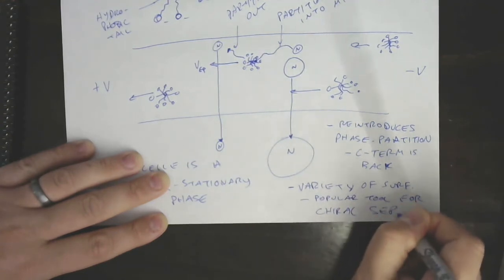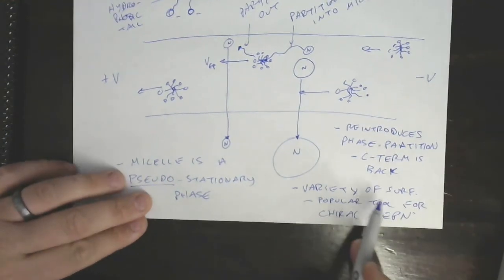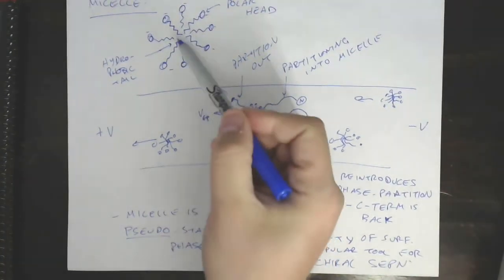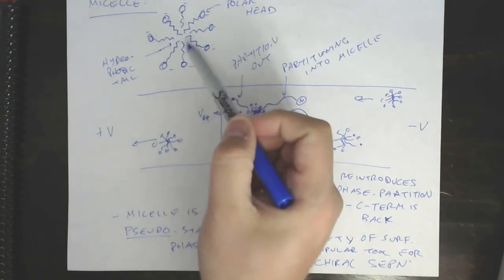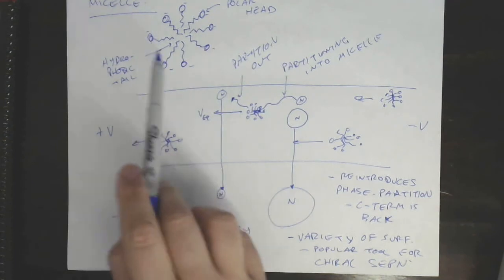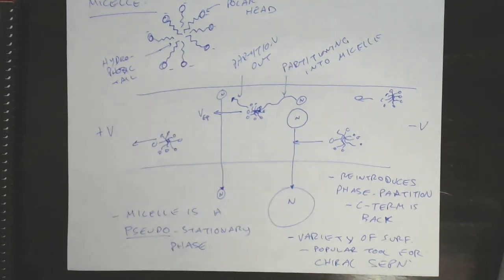And we get those chiral separations by selecting a surfactant that has some chiral property. Therefore, if you have chirality in these micelle tails, you're going to get a preferential interaction of one half of an enantiomeric pair over the other, based on its preferential interaction with that chirality.